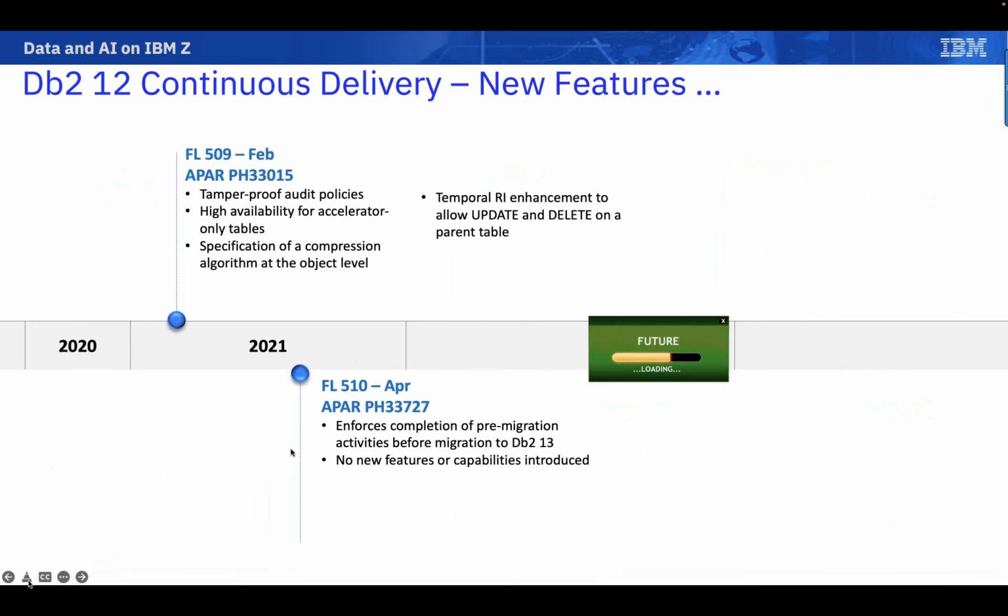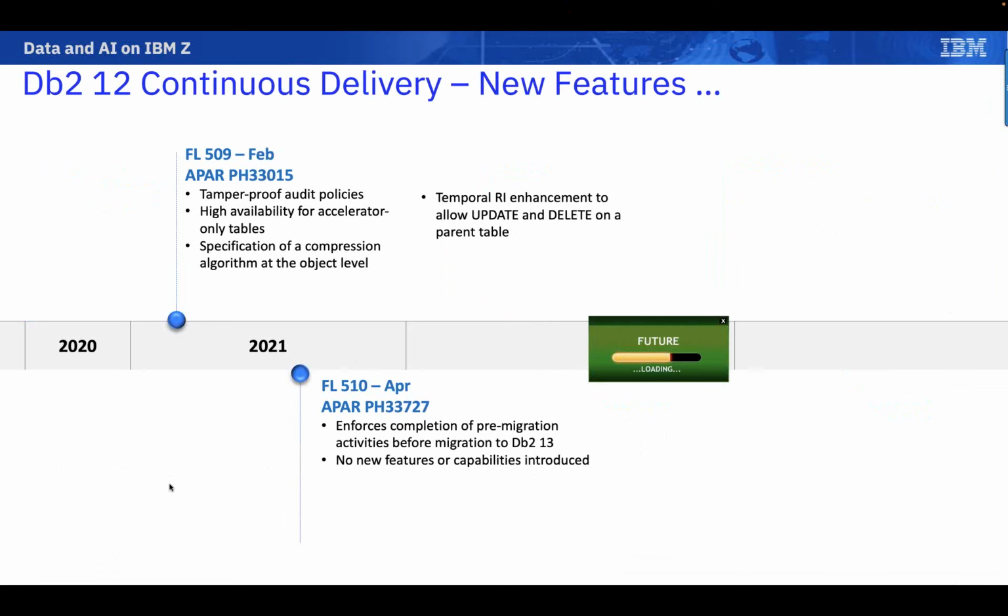Okay, so this is just finishing up with function level 509 to 510. Function level 510 here, I will talk about in greater detail. This came out in April of 2021. Now, Anthony just said in the chart prior to this that a best practice is to change your maintenance 2 or 3 times a year.